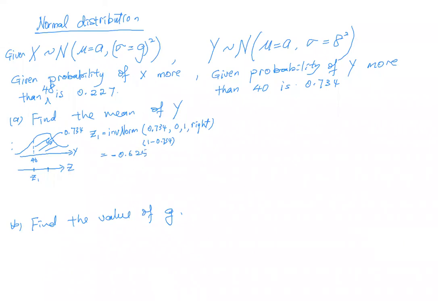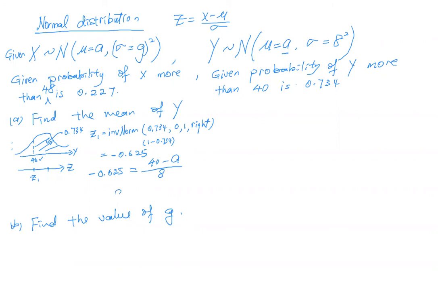0.625, okay? So now, when I want to calculate the mean, what formula do I have to use? I have to use Z. Still remember this formula? Z equals X minus mean over standard deviation. Substitute into this formula: negative 0.625 equals 40 take away the mean A, over the standard deviation 8.